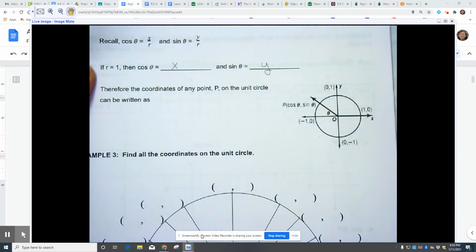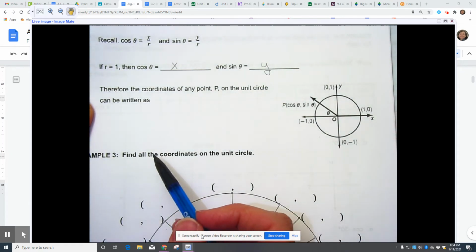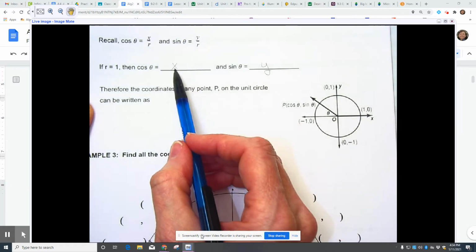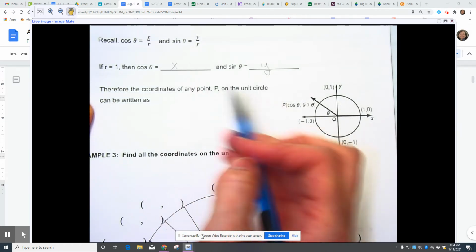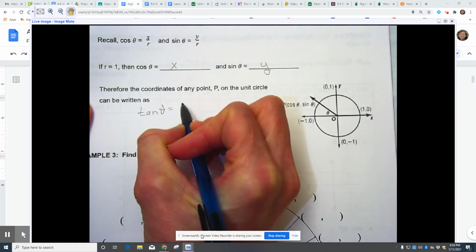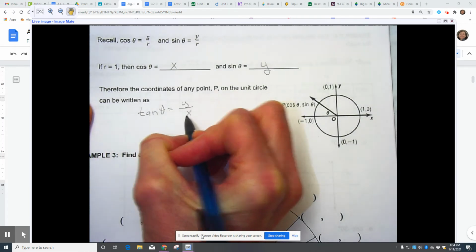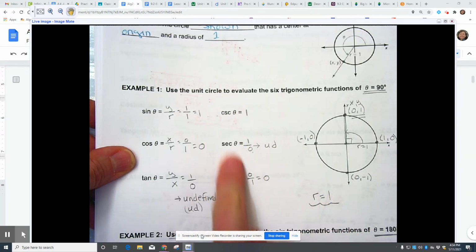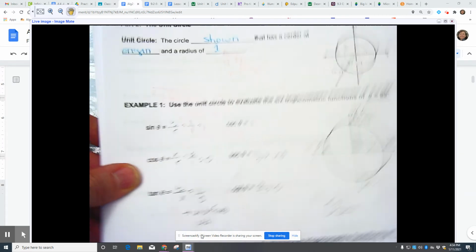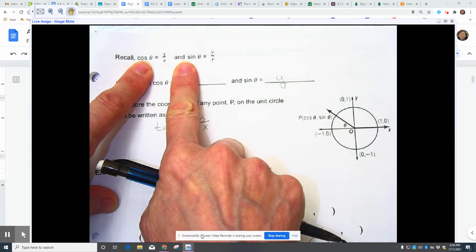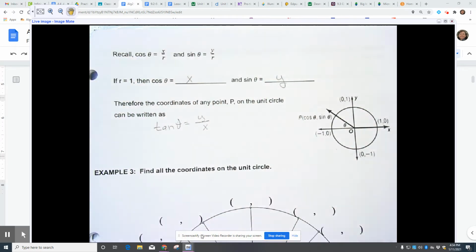So if I'm doing unit circle angles, cosine is always the x, sine is always the y. Remember, I can always find tangent by doing y over x. And the other trig functions I can find by taking the reciprocal of whatever I get for sine and cosine.